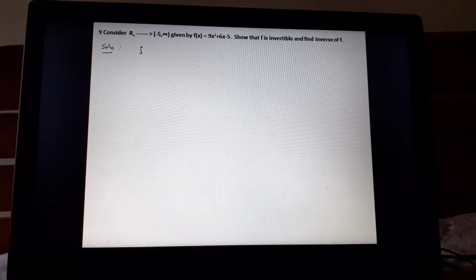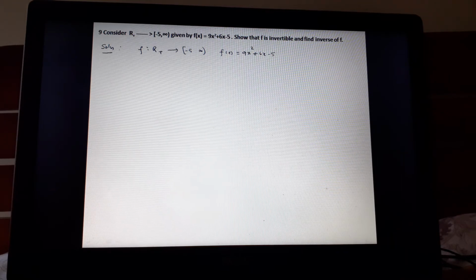So given f is a function from R plus to minus 5 to infinity, defined by f of x equal to 9x square plus 6x minus 5, of course x belonging to R plus.